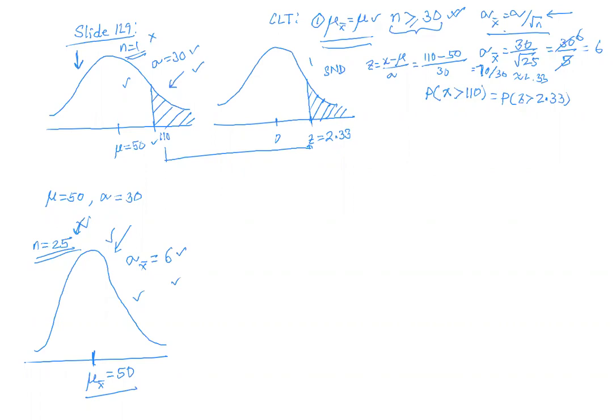All the cumulative area to the left, but we need the area to the right, which is the complement. So we can just go ahead and do it: 1 minus the probability of z less than 2.33.